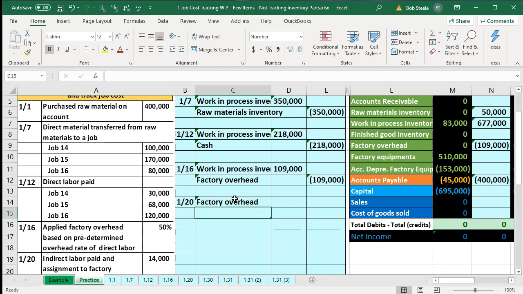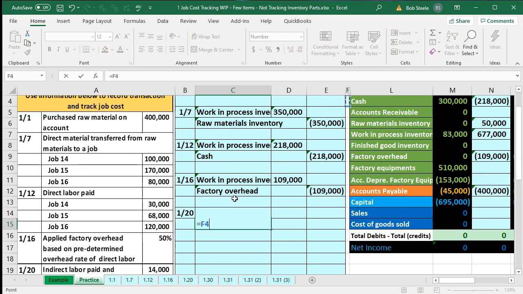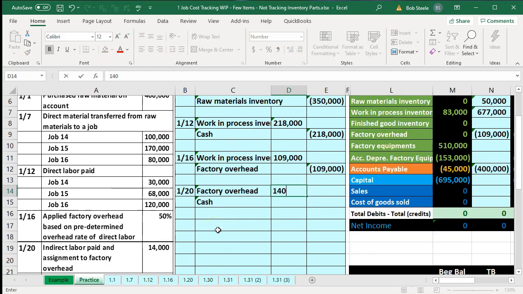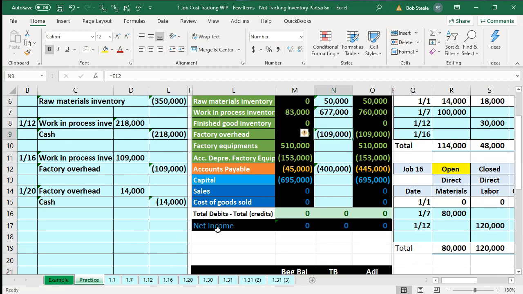So the factory overhead would then increase, and the other side is going to be the indirect labor we're going to pay cash. So there's going to be our transaction for the amount of the 14. That's the debit and the credit. So now within factory overhead, we're going to be increasing factory overhead. It's already been applied out. So as we increase it, it's going to go back towards 0.